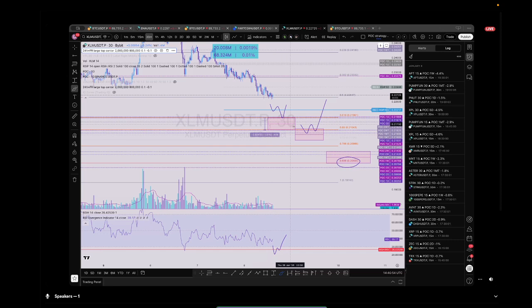Sometimes it happens that the price just starts to move like this on your POC, on your entry. The div gets confirmed, but it doesn't take enough space to put the stop loss at break even, so I just close it at break even.